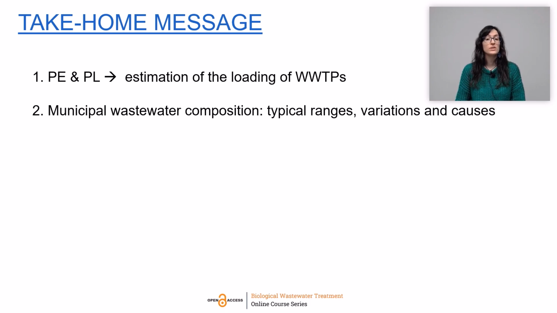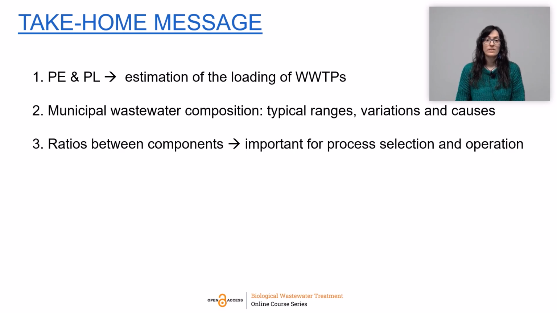We have also discussed what is the municipal wastewater composition, the typical ranges, fluctuations, and the causes for these fluctuations. We have also seen how to calculate different ratios between wastewater components and its importance when we have to select the treatment processes.